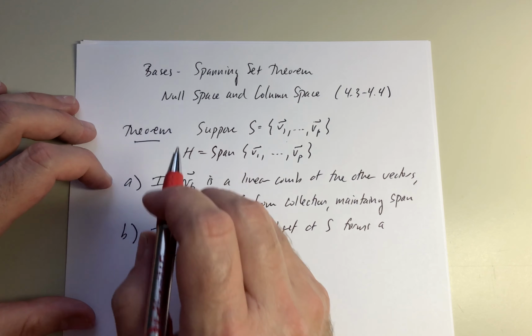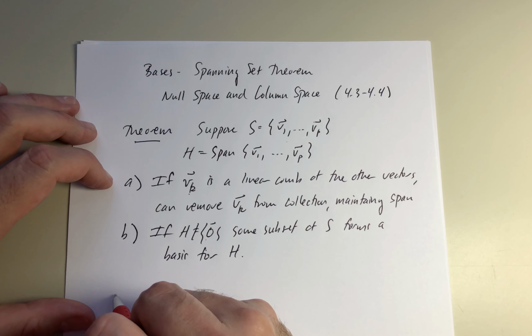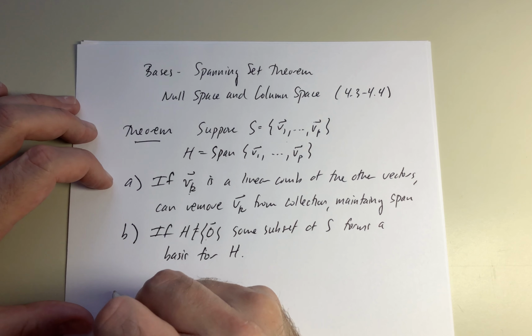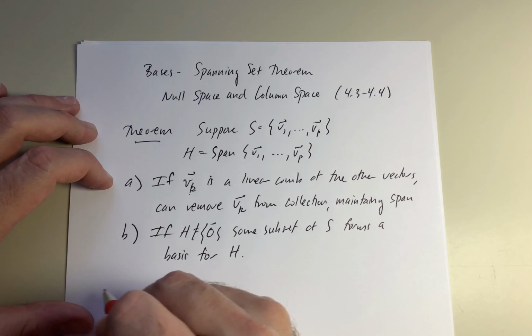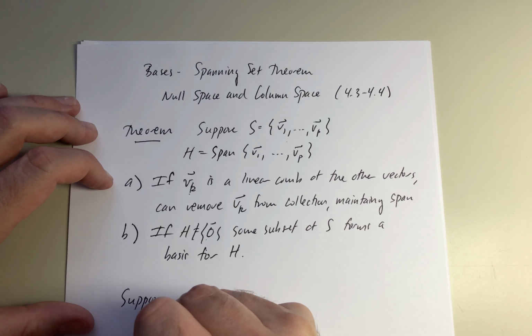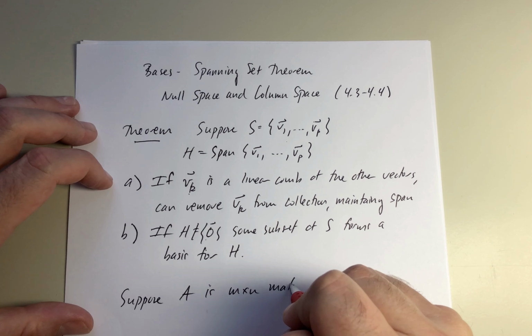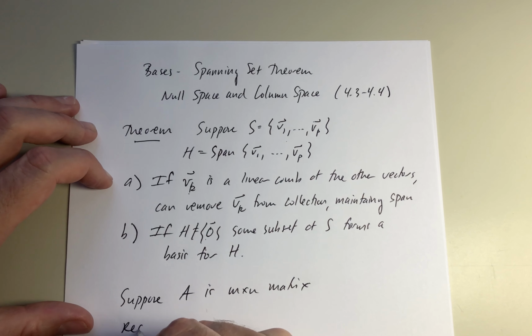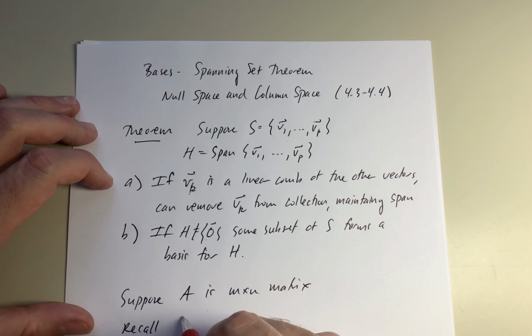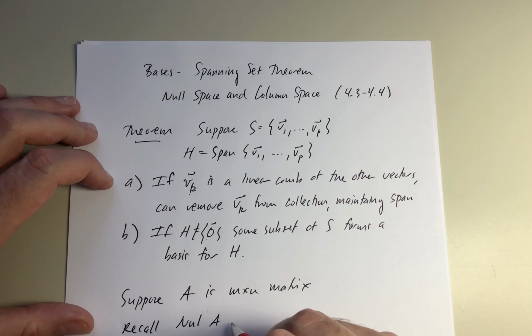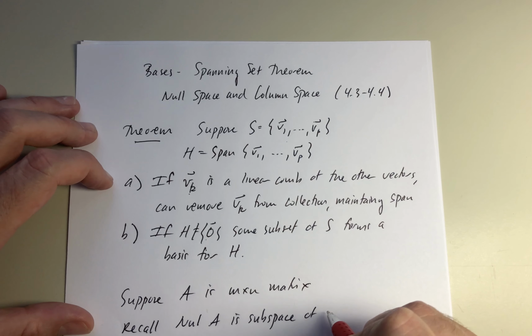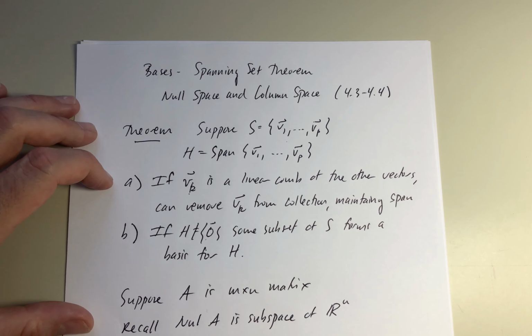Actually, I'll talk about null space first. So changing gears a little bit, let's fix a matrix. Suppose A is an m by n matrix. Recall that we have 2 things that come with this. The null space of A is a subspace of Rn.